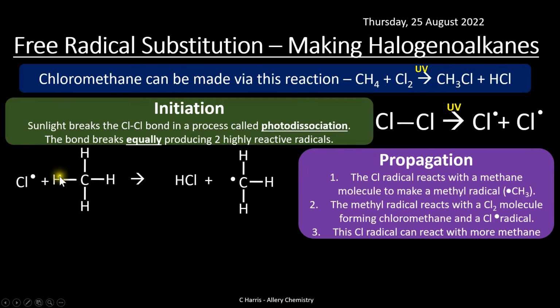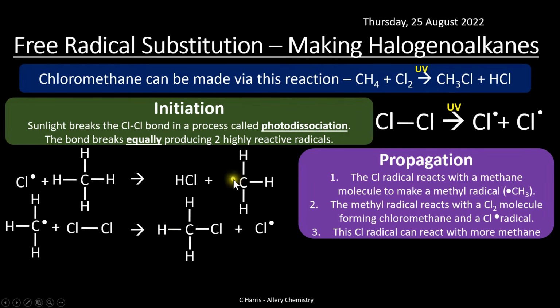Effectively the hydrogen from methane is now part of the chlorine, and then you're left with a CH3 dot. That CH3 dot radical can then react with chlorine that hasn't been split, and that will form your chloromethane and a chlorine radical at the end. Then that radical can go back to react with more methane to form more methyl radicals, and that will form more chloromethane.